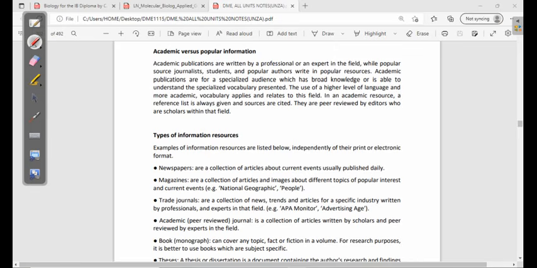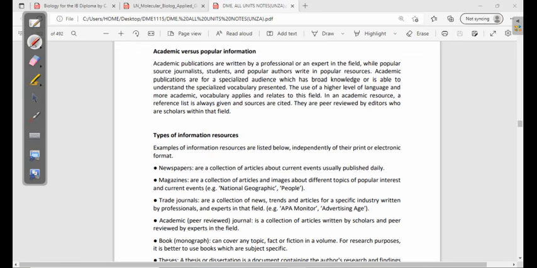For example, when you're writing an academic publication on medicine, you are going to use the language that applies to people in the medical world, in the medical sphere. If you are writing about law, you are also going to use the language of law. So there's a specific language that you need to use when you're writing academic information, or an academic presentation in this case.